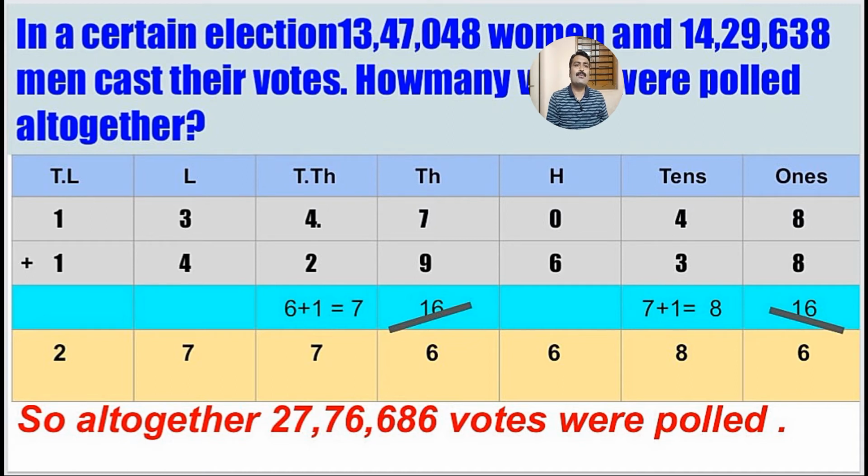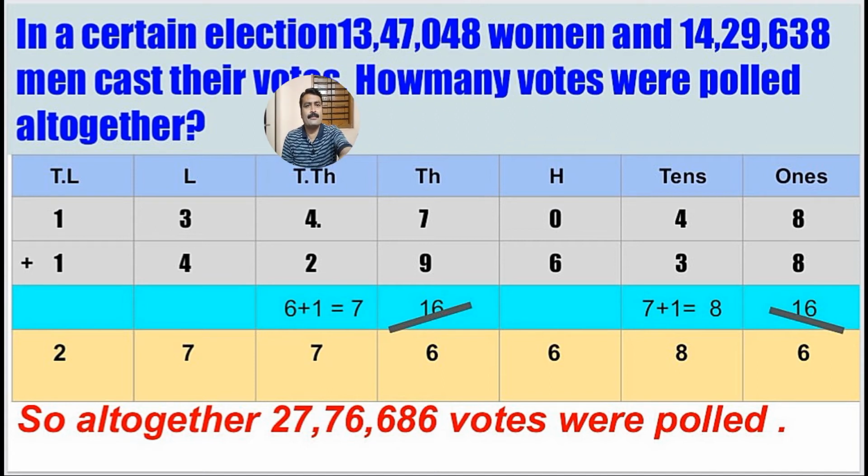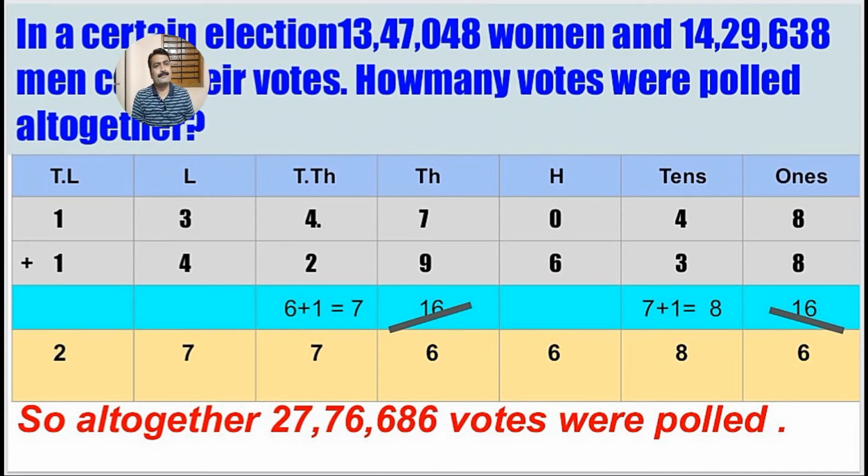So we have to complete the answer for this example. Look at the last question of the given question: How many votes were polled all together? In that we remove the question words "how many", and instead of that we put our final answer, that is 27,76,686, and the next sentence we can continue as it is.